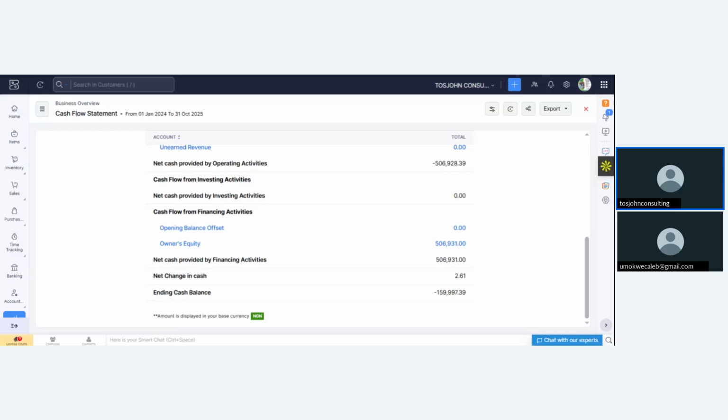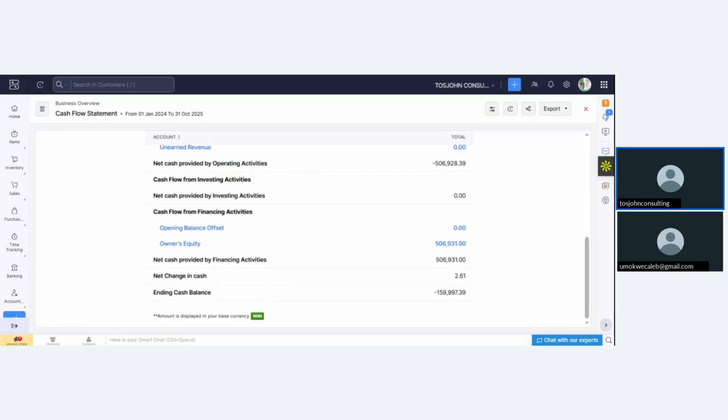Or maybe you obtain a loan from the bank, or maybe you get any grant, any money that comes into the business to finance that business, under the financing activities. So that's why we have this. This may not have anything here. It's good, we don't have anything here. So owner's equity, the money of the owner himself, is what we have here. So it's under the financing activity.